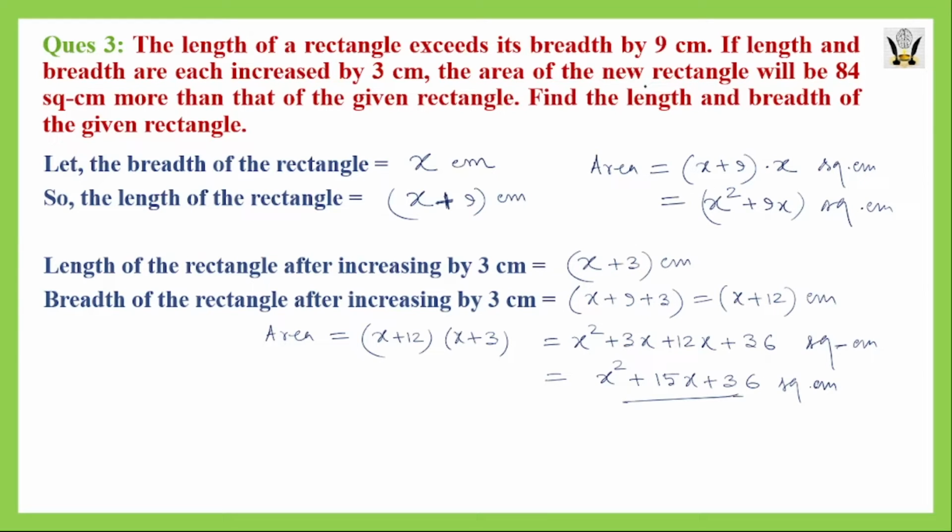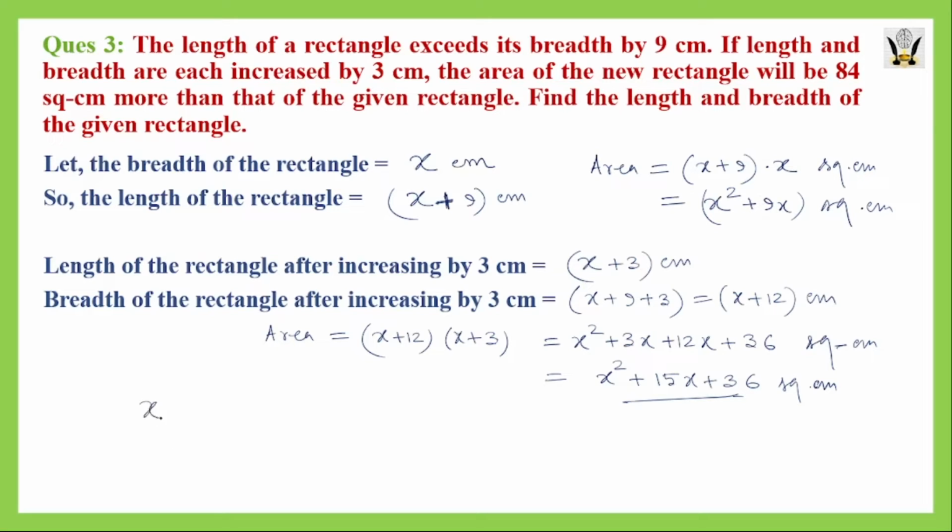As per the problem statement, when we increase the length and breadth each by 3 centimeter, the area of the new rectangle will be 84 square centimeter more than that of the given rectangle. Means from the previous area, the new area will be 84 more. So this much area is more than this much area.